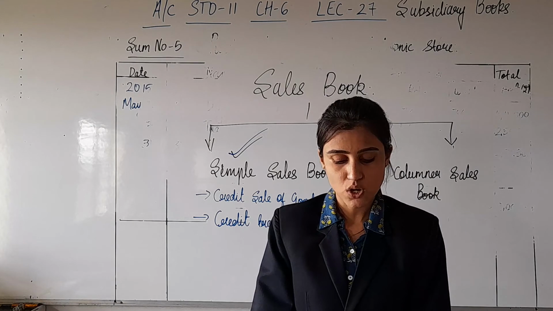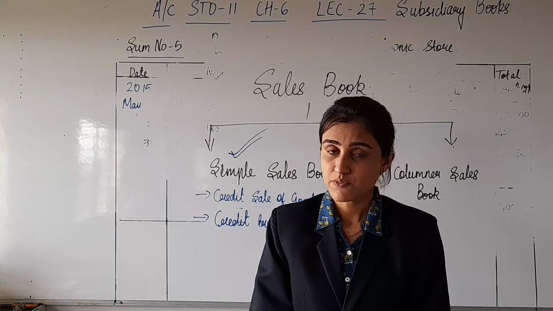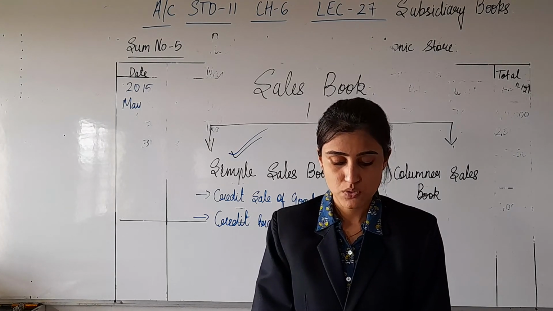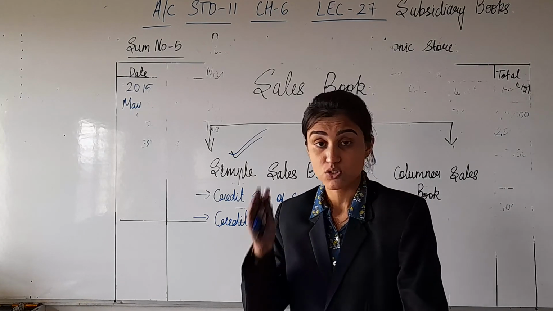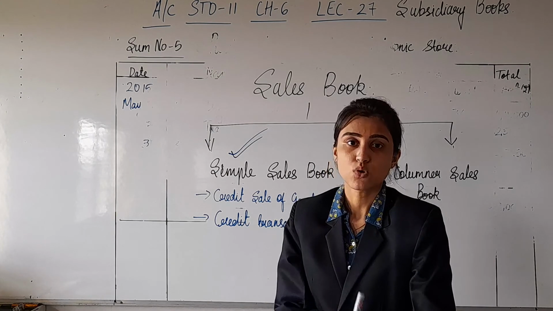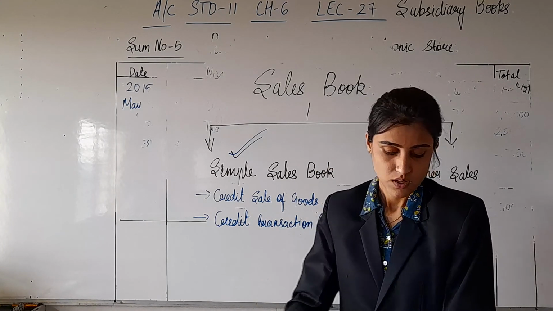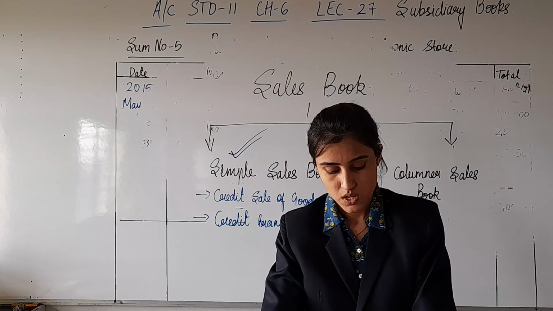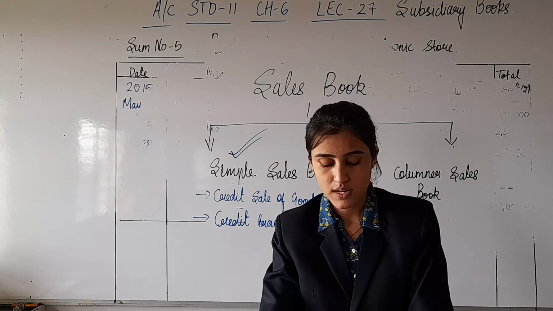So firstly, in the column of date, 2015 the year, the month June, 1st of June. Sold goods of rupees 13,000 to Manan on 3 months credit and sent bill number 1967.